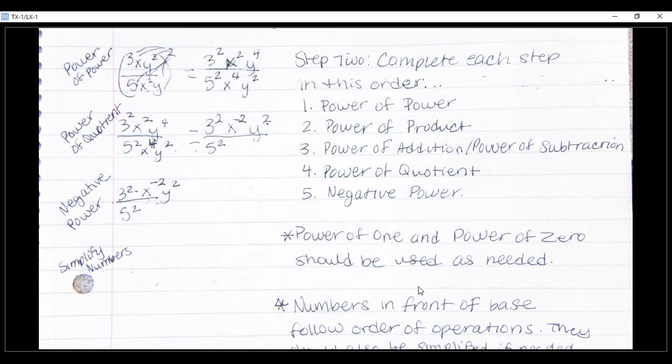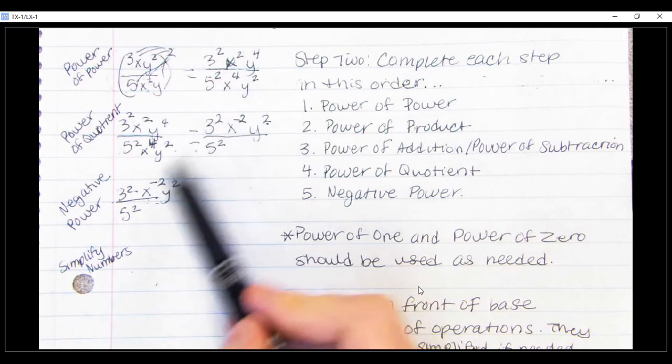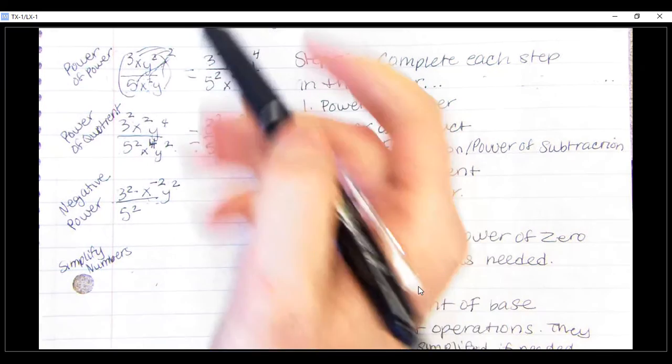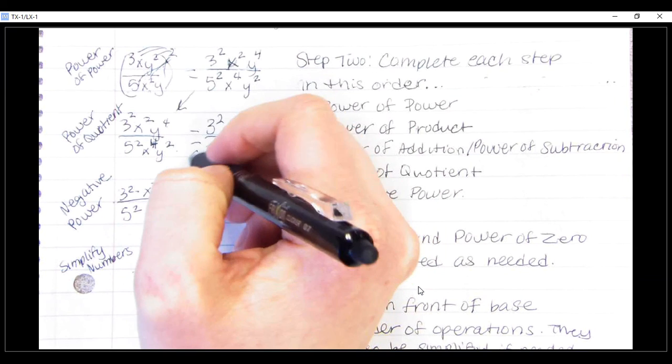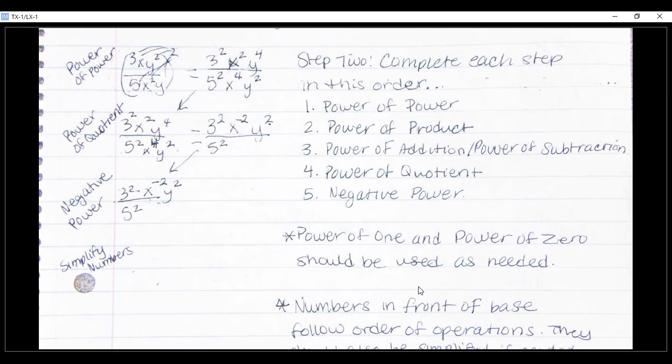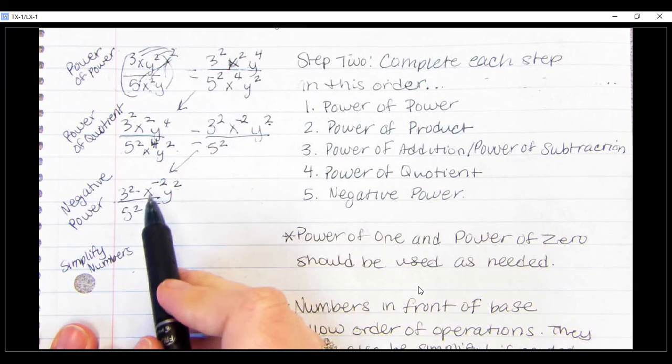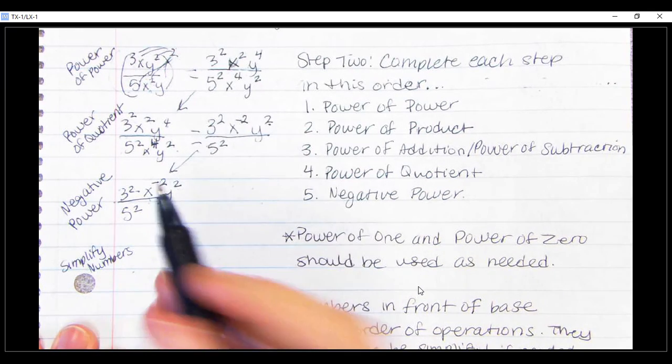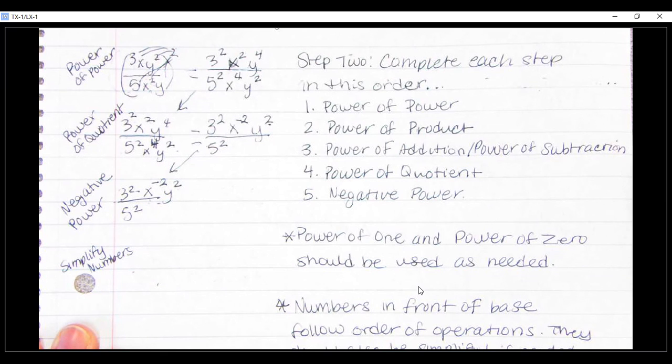I'm just rewriting the steps so that you can see where everything's going and the process of it. If you do not need to rewrite these steps in this particular order, you can just do it all within one, which again, I'll show you in my next few problems. So I only have one negative power. You can never have a negative power in a final answer.